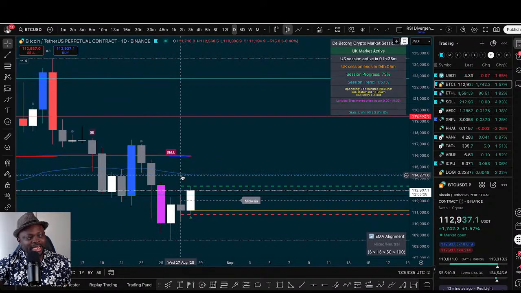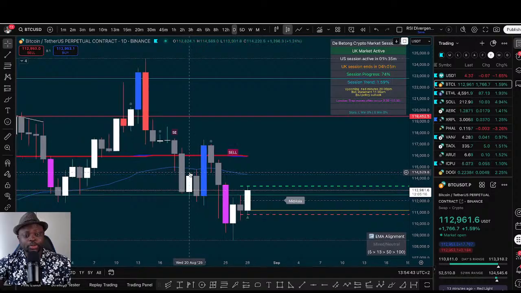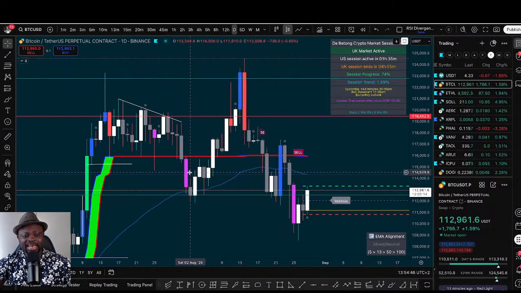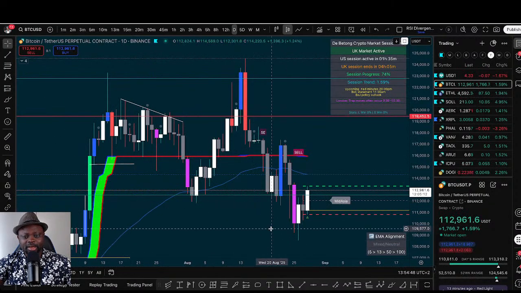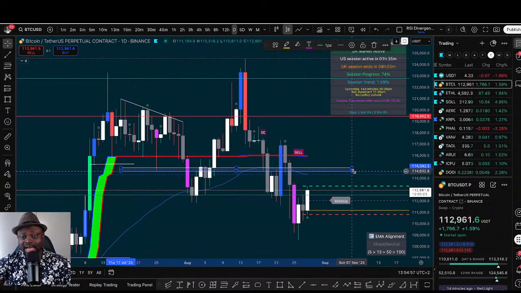So there's high chances that if price gets here again from the downside, we're going to see price reject that area. Zooming out, you see that this zone in the past acted as support, and now it's going to act as resistance.